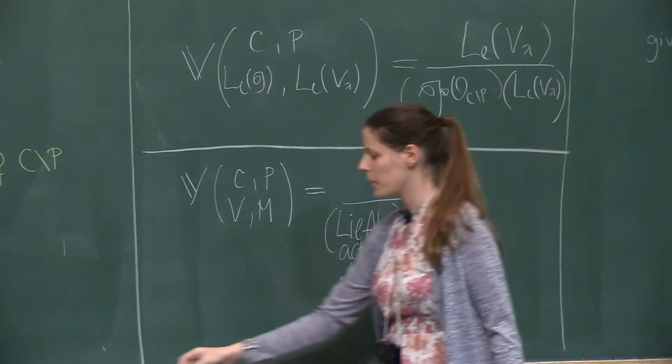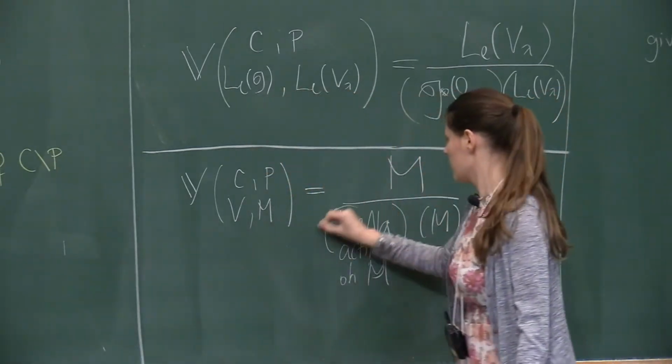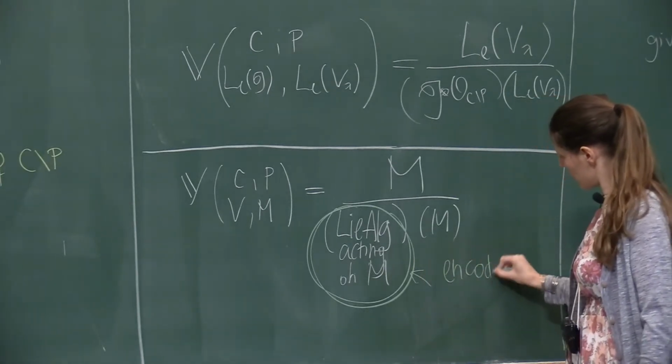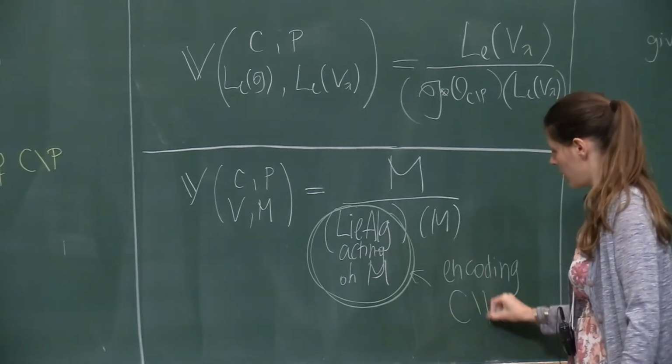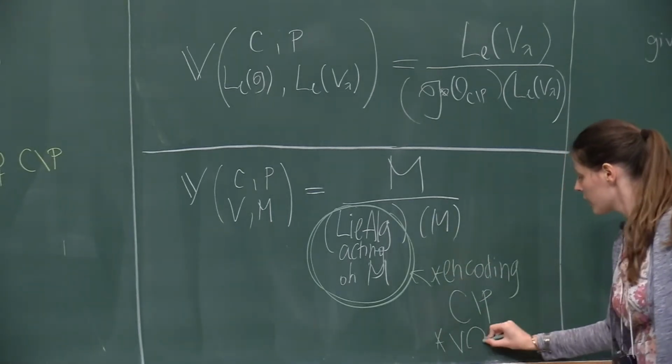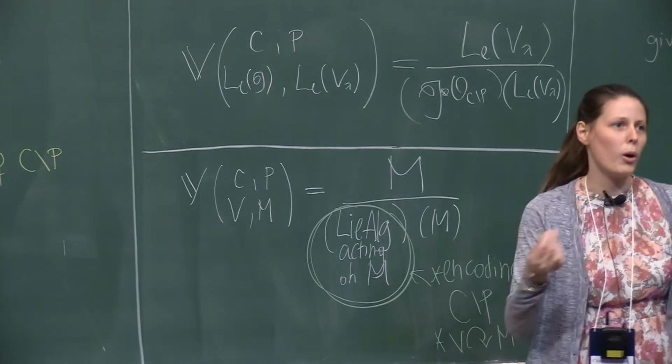And this Lie algebra should encode the geometry of the curve, but also, of course, encode the fact that M is a V-module.